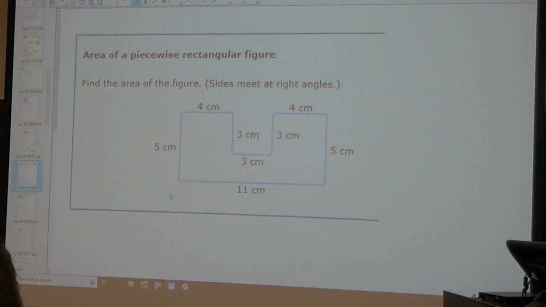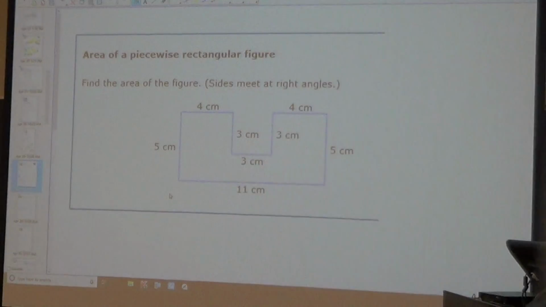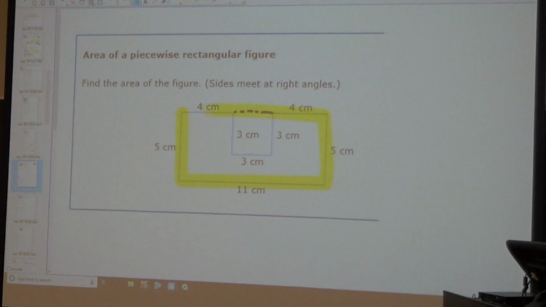Let's look at this one. Find the area. So what we want to do is fill in the shape. Do you see, if I come straight across, this is going to be my outside shape.